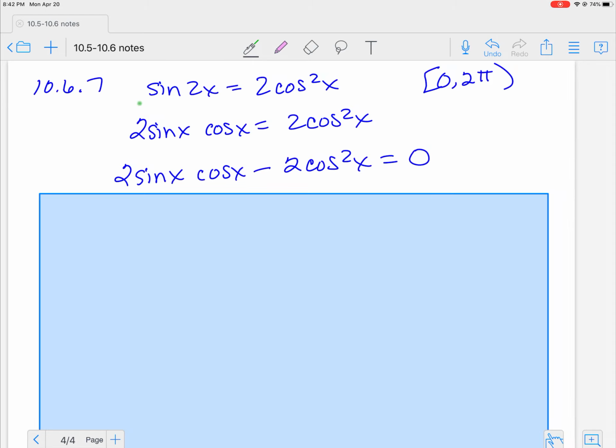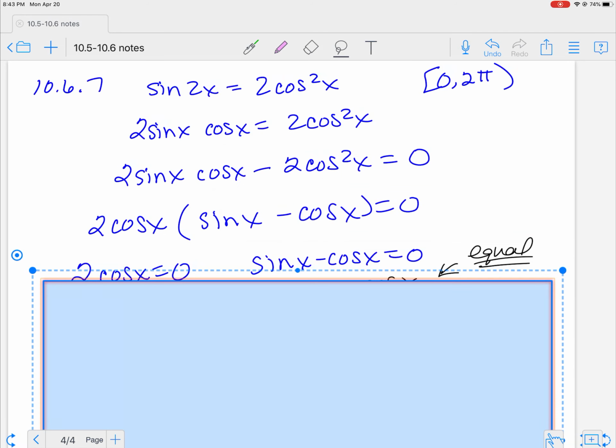Our best course of action, anytime you have a double angle, is to focus on that one and break it down. It's much harder to solve for a double angle, so if you can break it down into just plain angles, if you have that choice, then do it. So here we can break sine 2x down, and then I have a cosine on the left and a cosine on the right, so when we put these two together, I can take out the greatest common factor of cosine.